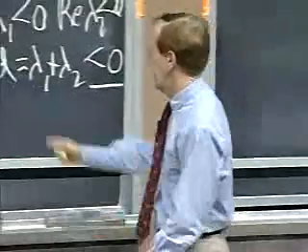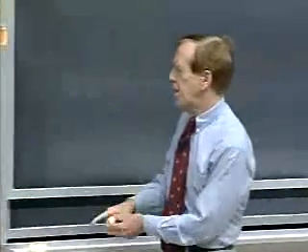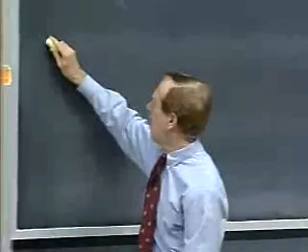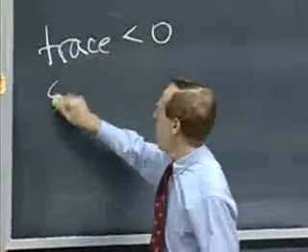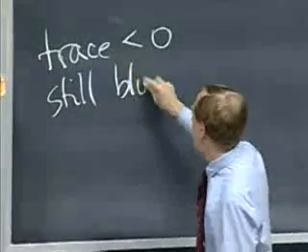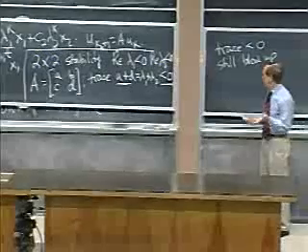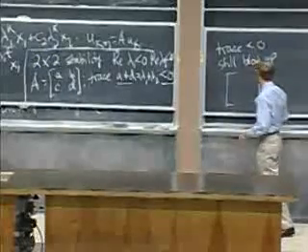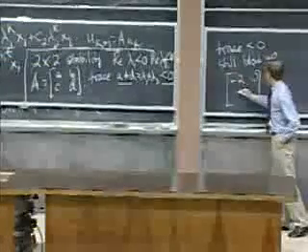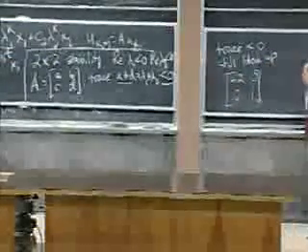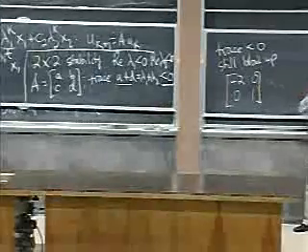Now I'm looking for an example where the trace could be negative, but still blow up. Let's just take one. Let me make it minus 2, 0, 0, 1. There's a case where that matrix has negative trace.